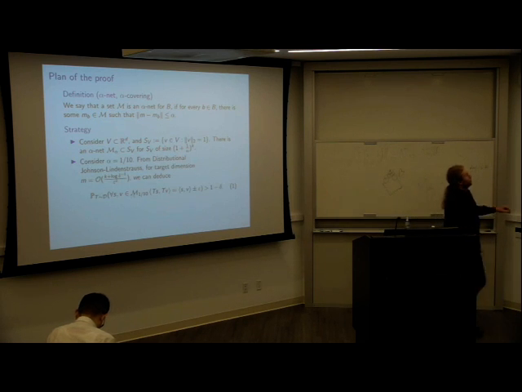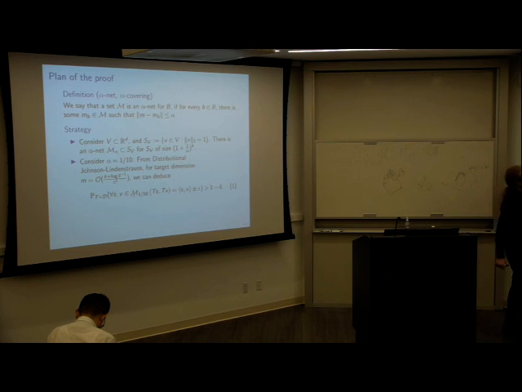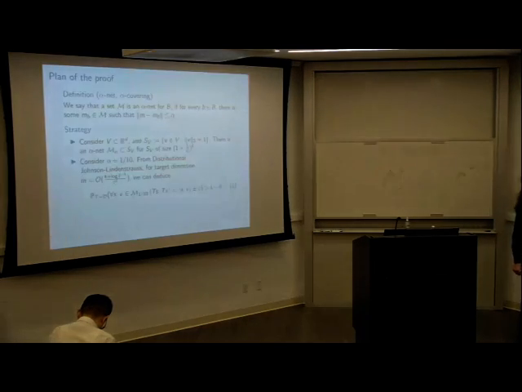Once I've shown that, I want to restrict myself to this finite set. Since I'm working with a finite set, I can use Johnson-Lindenstrauss and say that my matrix actually preserves all the norms of the vectors in this finite set, when I'm using a target dimension that's logarithmic in the size of the set, which is proportional to k.